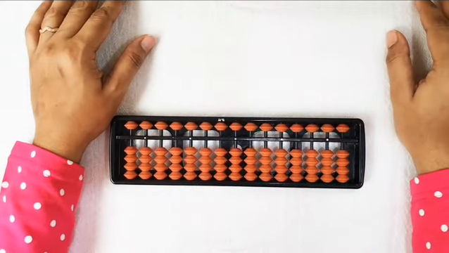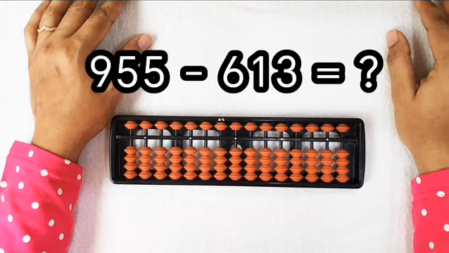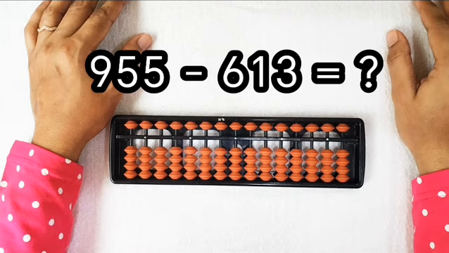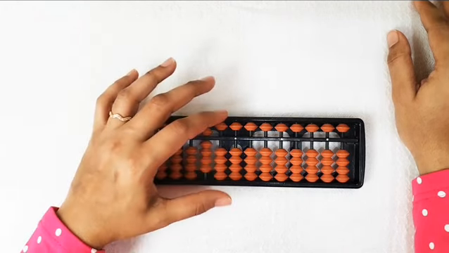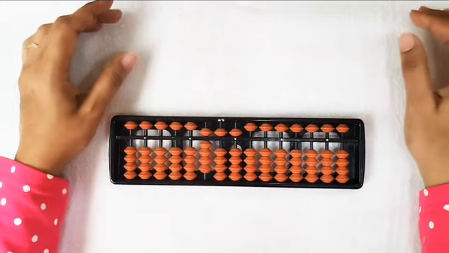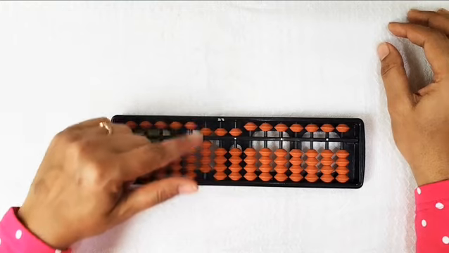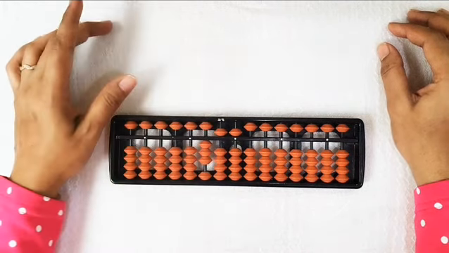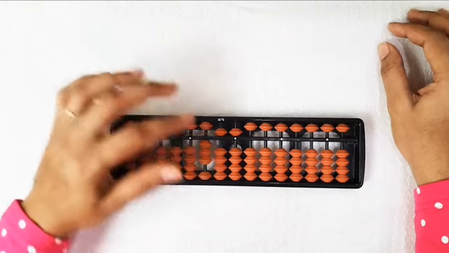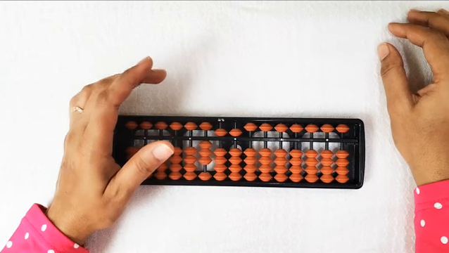Okay, the last one, 955 less 613. 955 less 600. Can we do it directly? Yes. Less 613. We need to less here 10 from here.